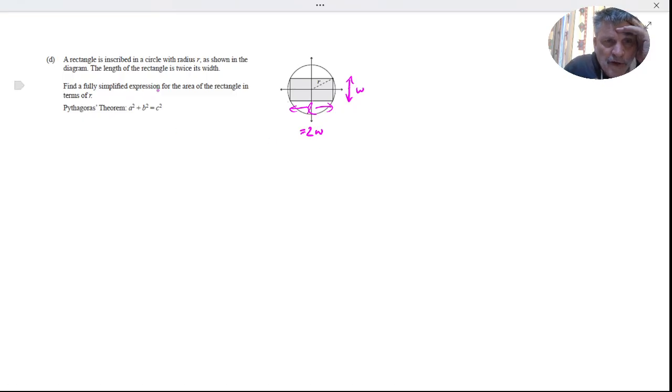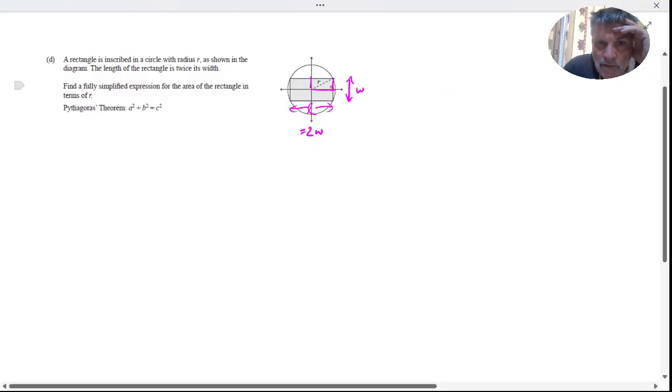Find a fully simplified expression for the area of the rectangle in terms of r. I think it's easiest to work with just one of these little rectangles. And obviously the length is going to be twice the length of that little rectangle, and the width is going to be twice the length of this little rectangle.